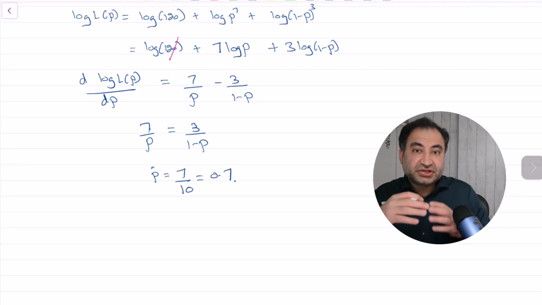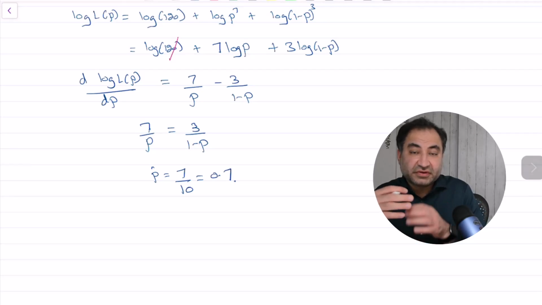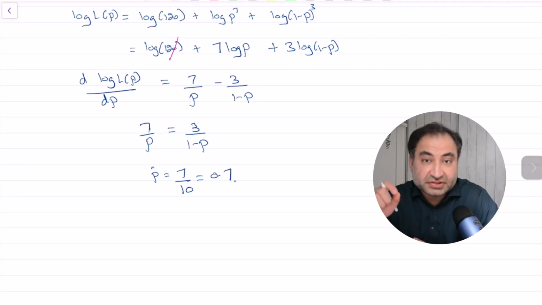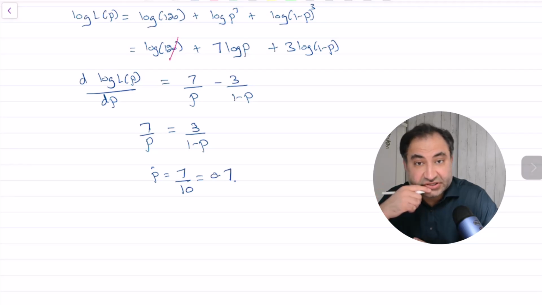So in the end, the likelihood function will have lots of product terms. Rather than dealing with that, we apply the log, and then those product terms get converted into summation.